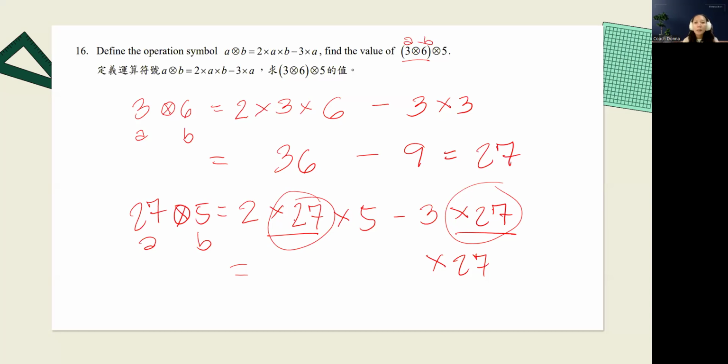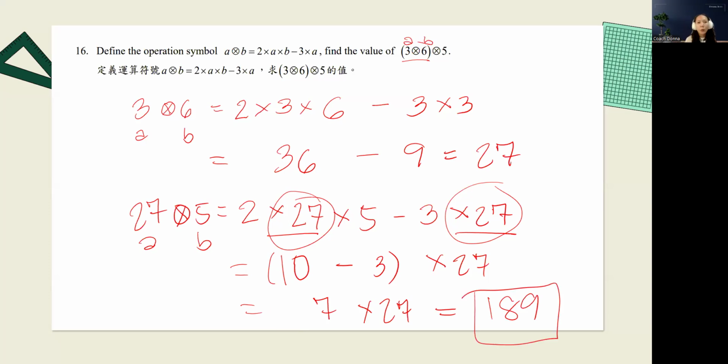So 2 times 5 is left, so that's 10. Minus 3. So put that inside the parentheses. 10 minus 3 is 7. Multiply it by 27. 7 times 27, you'll get an answer of 189. So the answer should be 189. All right.